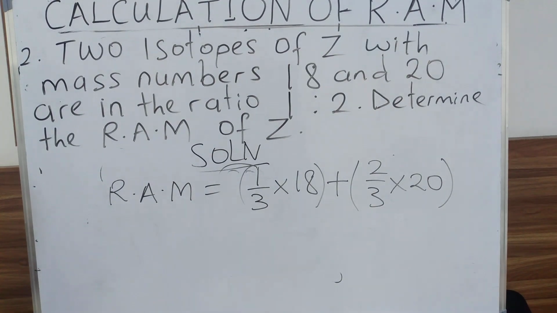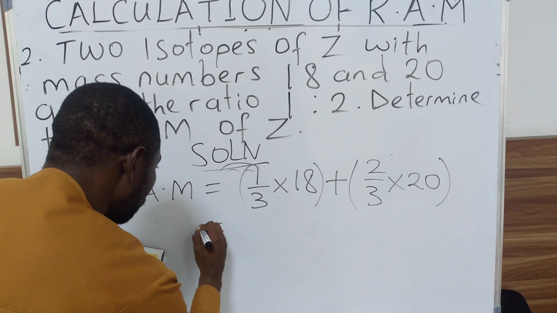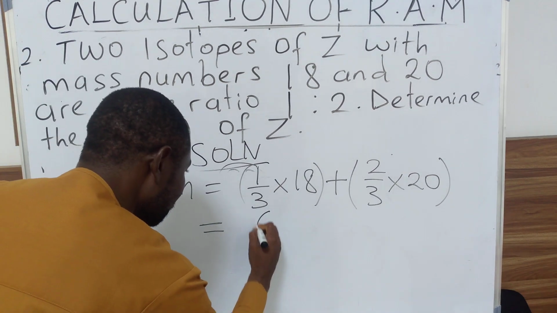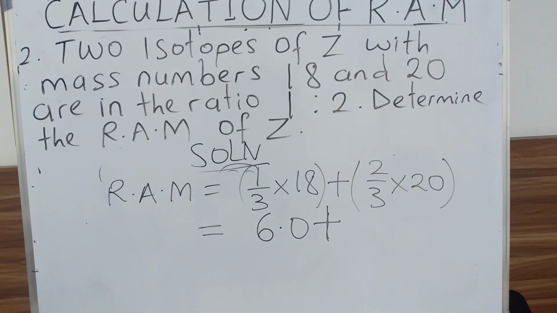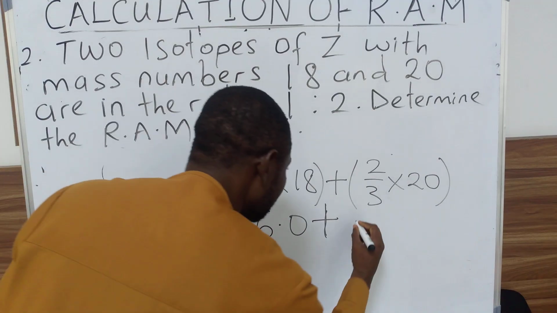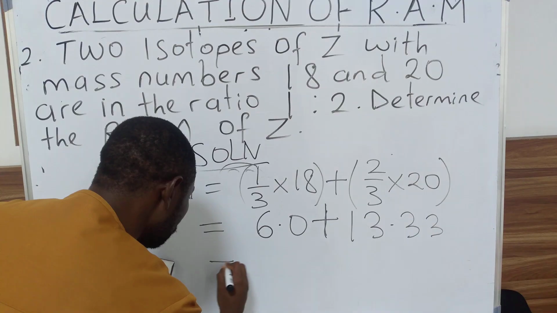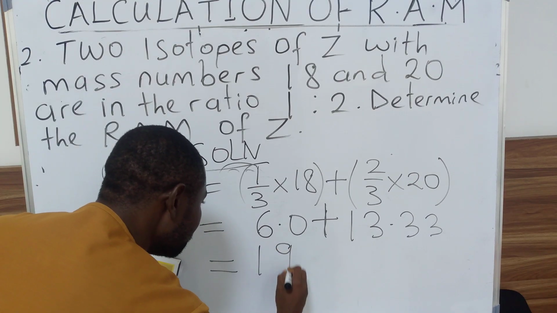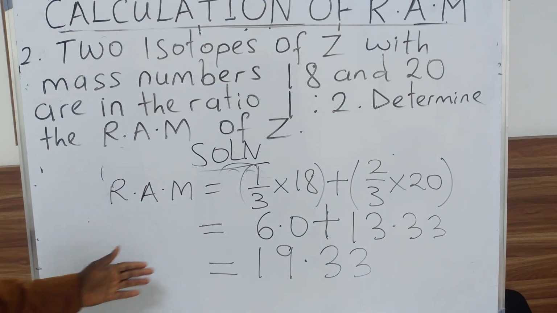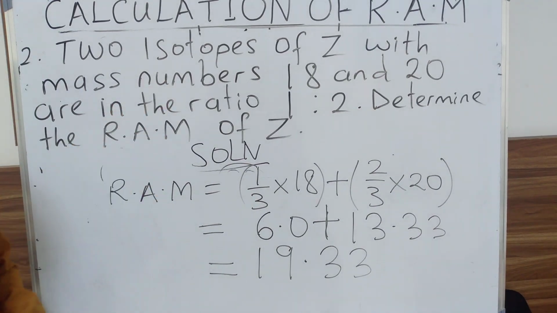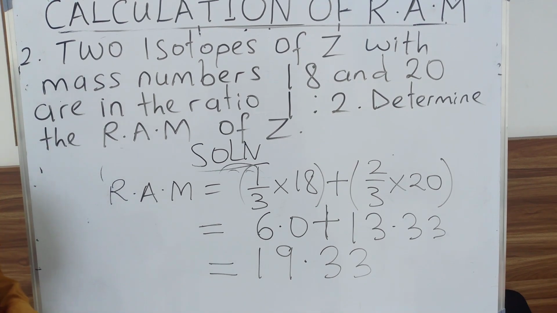So 1 over 3 times 18 will give us 6.0. 2 over 3 times 20 will give us 13.33. We press it with the calculator. So the final answer for this question is 19.33. So that's the answer. You can see that it's very simple. It's just knowing the process and how to do it.